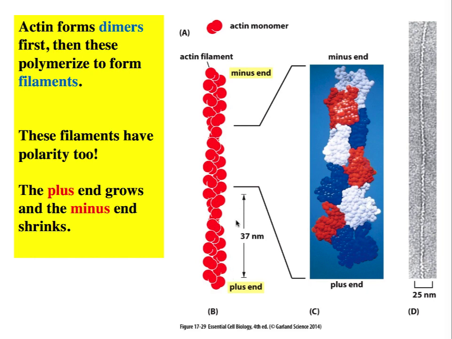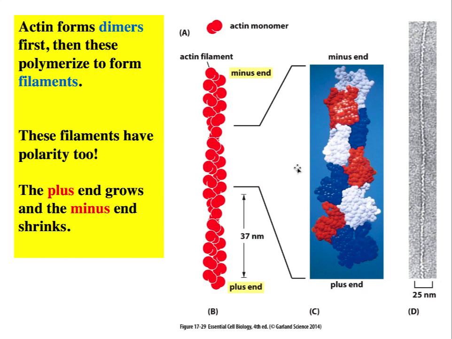But they do tend to be shorter in length, the average length being about 100 nanometers. The monomers do have the ability to bind ATP and ADP, depending on the circumstances that exist in their environment. That's going to become important also in subsequent slides.